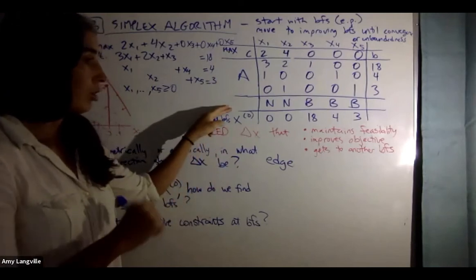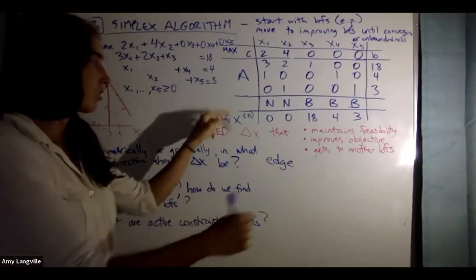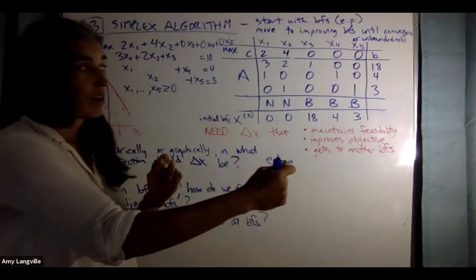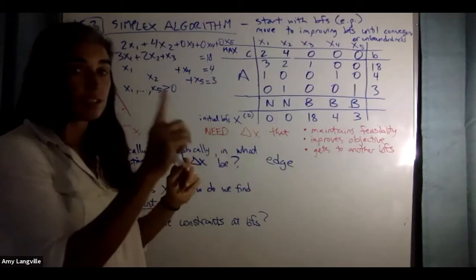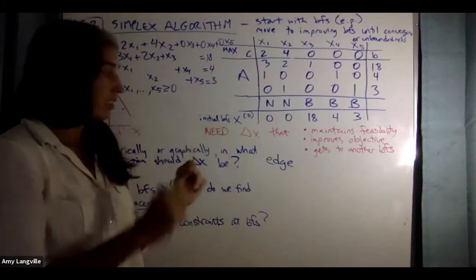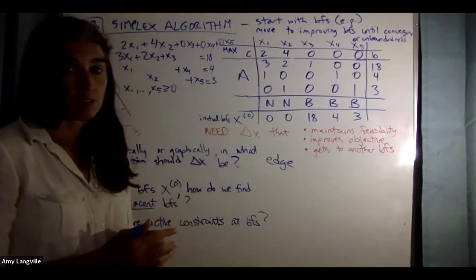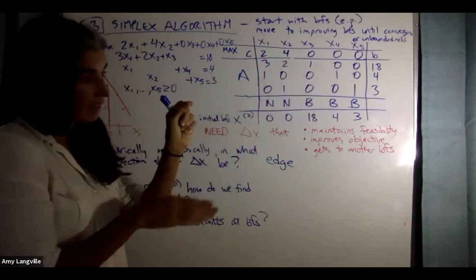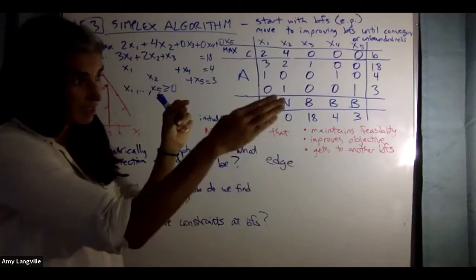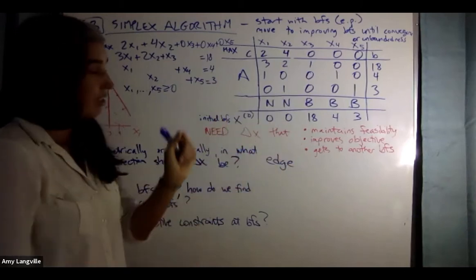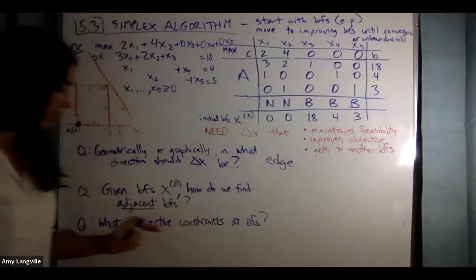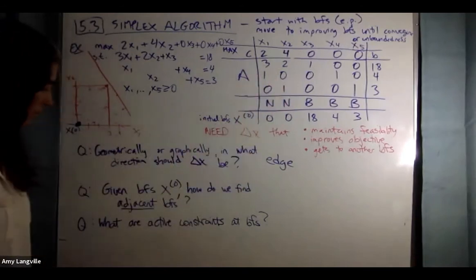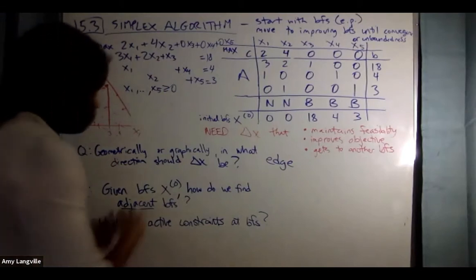And now we want to get to a new BFS. So we're at x0. We want to get to x1, where x1 only has one difference in its active constraint set compared with the active constraint set of x0. So again, here's x0, here's x1. They each have a list of active constraints associated with them, and in that list, they can only have one difference. If that's the case, then that guarantees that x0 and x1 are adjacent. Okay, so we're going to look at our active constraint set to do this.